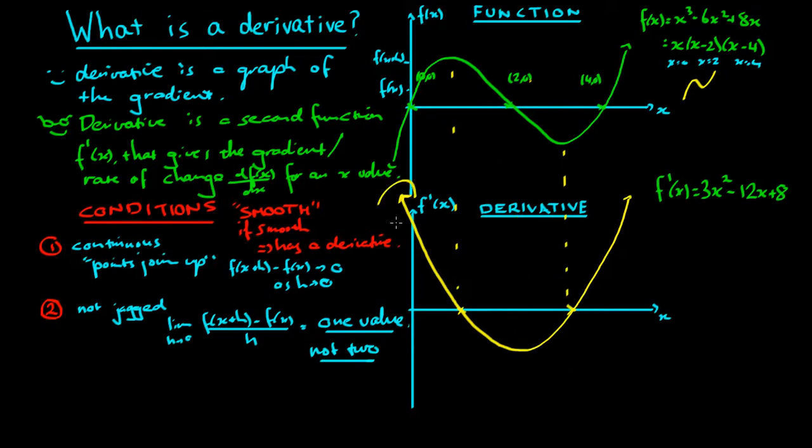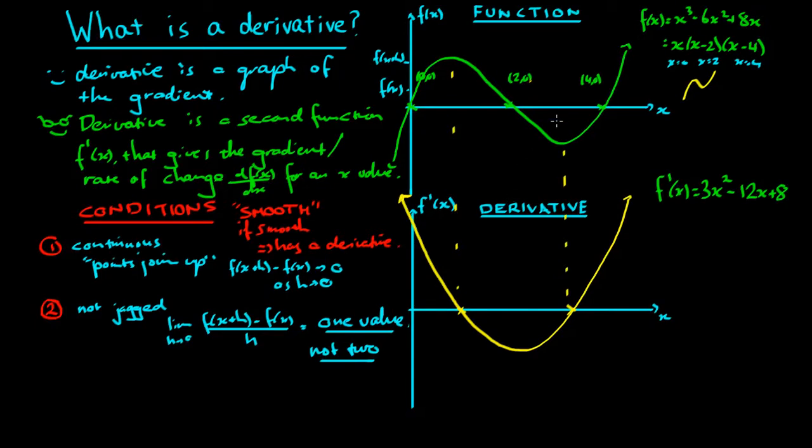And then on the far left and far right, it shoots up to positive infinity as x tends to infinity, because this does get very steep on the far left and far right. So that's basically graphically what the derivative is and how to draw a derivative from seeing the graph above.